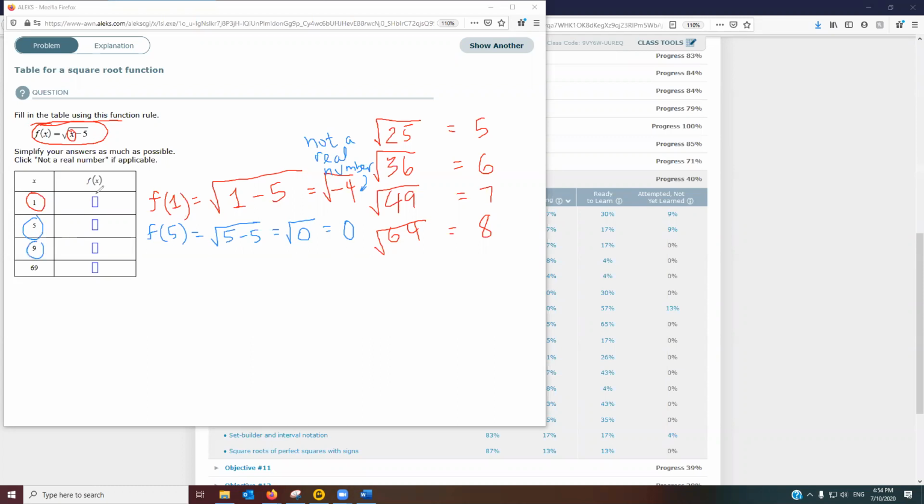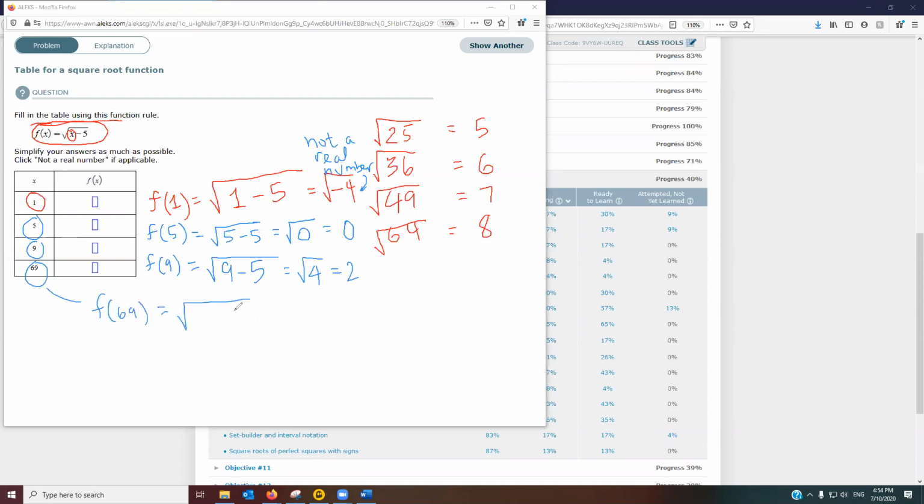Let's go to the next one. It wants to know what is f of 9. I'm going to replace x with 9 in this definition. That's going to be the square root of 4, and the square root of 4 is asking what number times itself equals 4. That answer is 2.